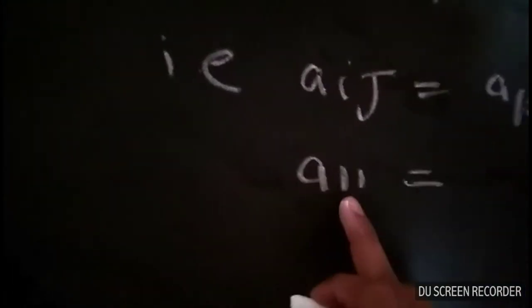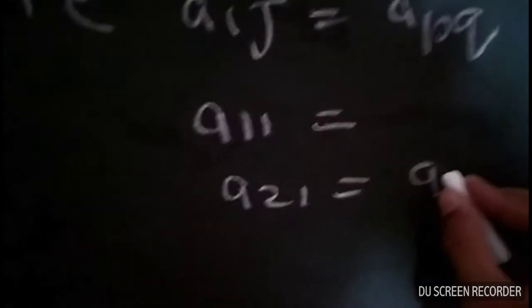If we put A11, then there is only one element in the first diagonal. Then A21 equals A12, that is the elements A21 and A12 are equal, and so on.